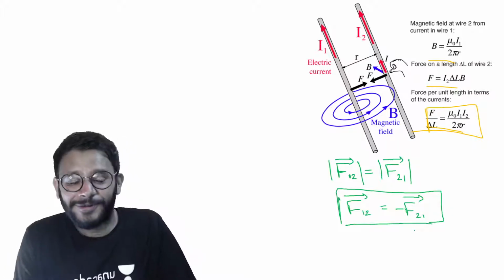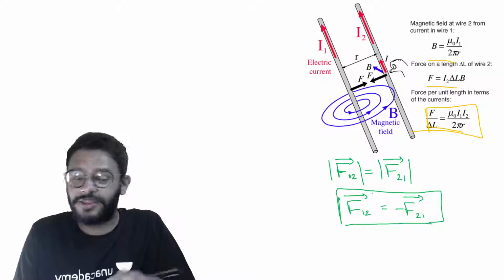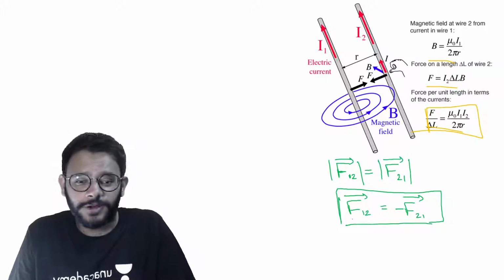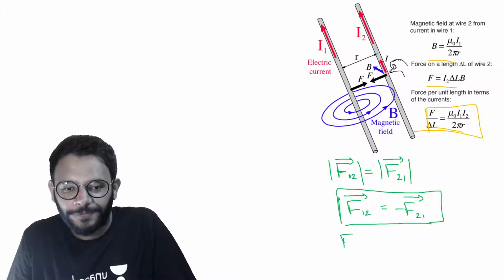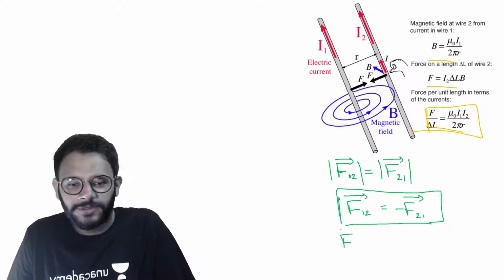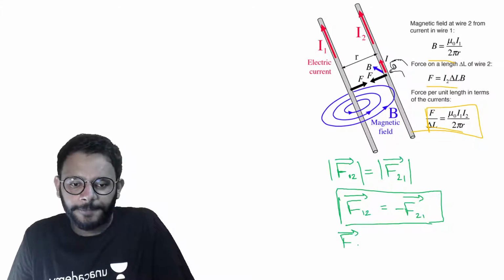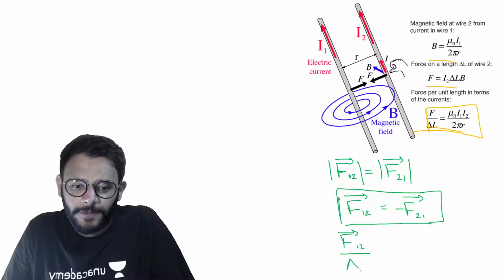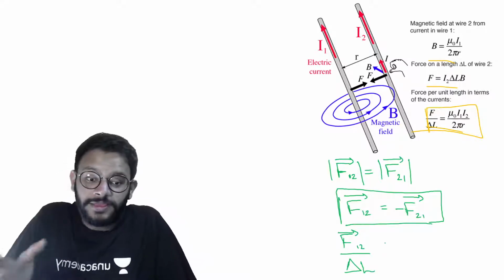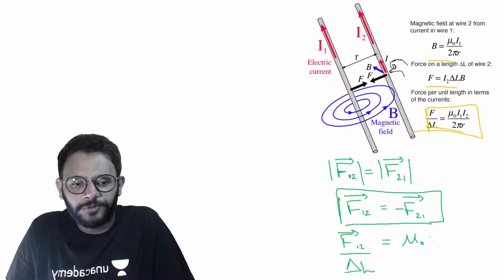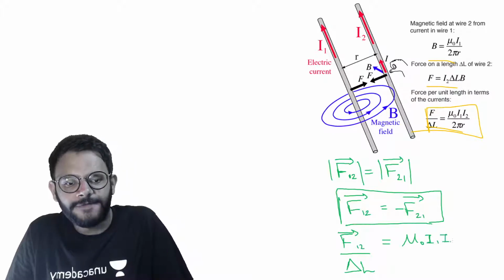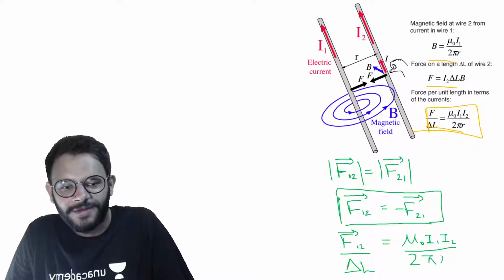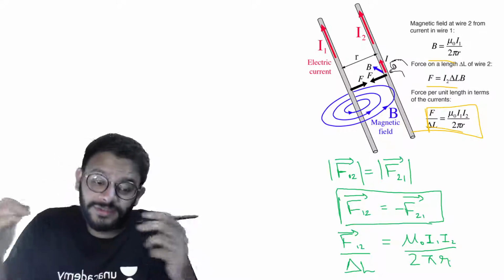Alright, so I know that the forces are equal and opposite. Now what I also need to get done with is the force acting on any of the wires, it doesn't really matter, they are the same, per unit length, which simply becomes mu naught I1 I2 upon 2 pi r. The distance between the wires is r.